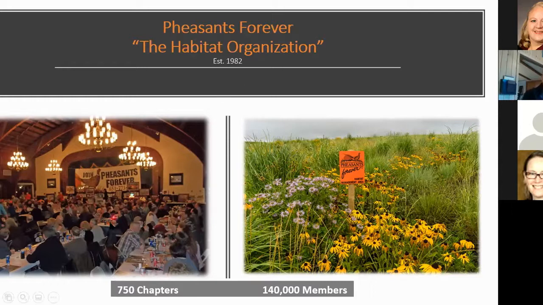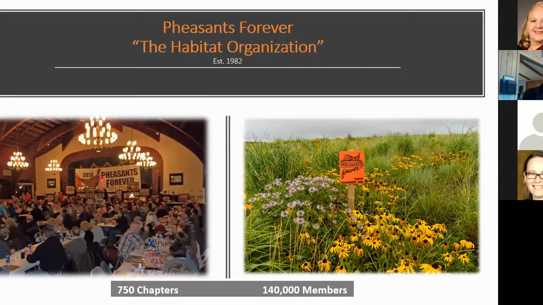Oftentimes we're known, as you can see on the left-hand side, for our banquets, which gather people for great camaraderie, great drinks, great food, great prizes, and oftentimes known locally within that community as a great place to spend time. We have a grassroots model.